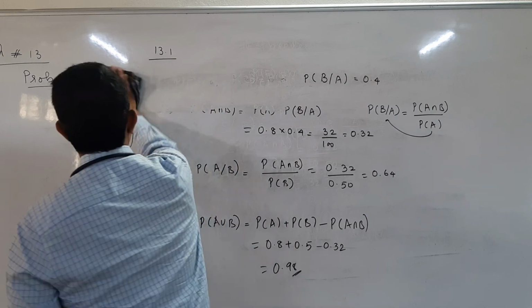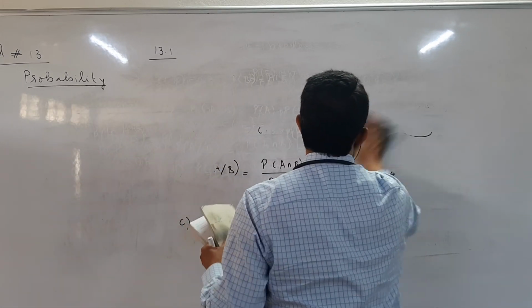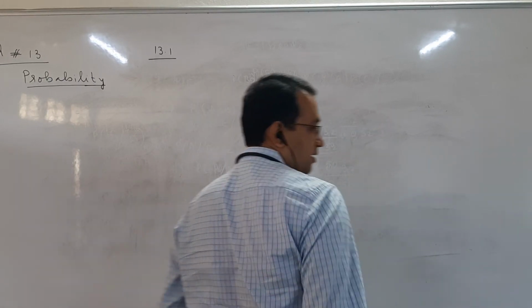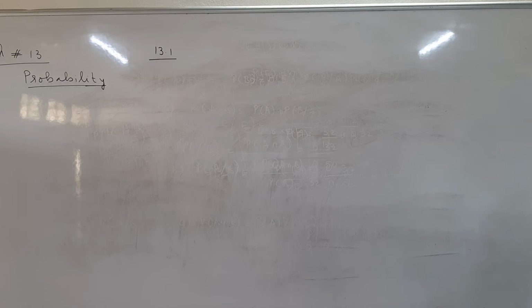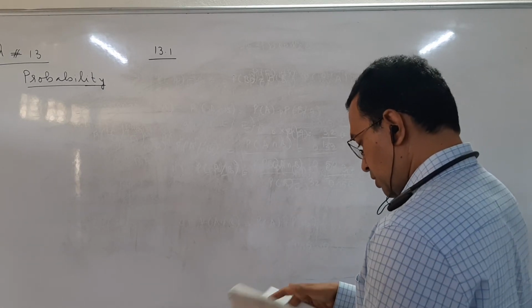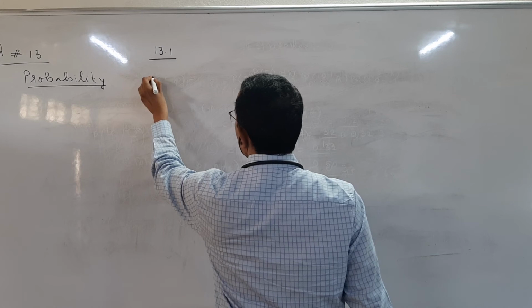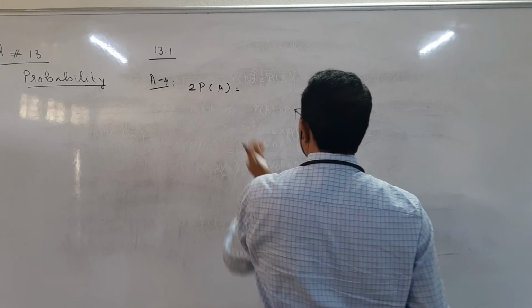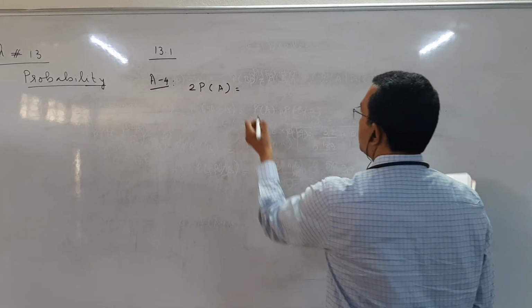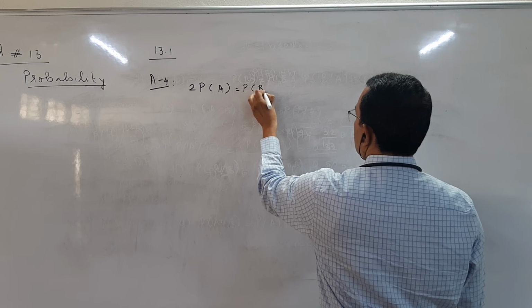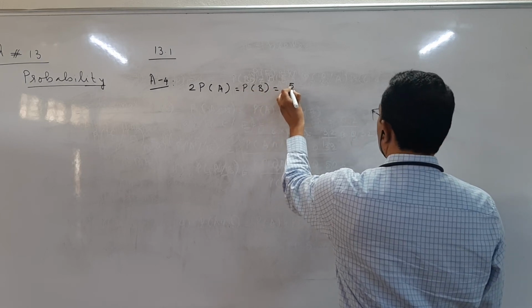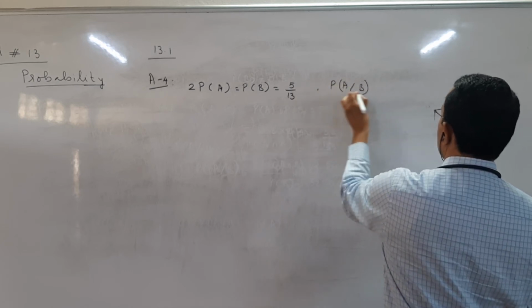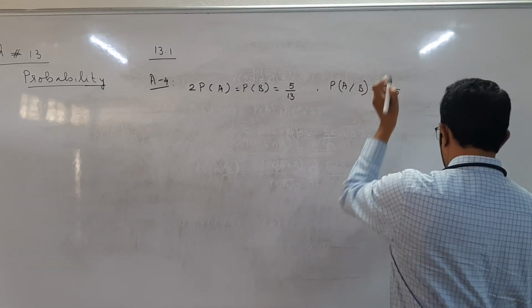Okay, now students, sum number 4. The given equation is twice P of A is equal to P of B is equal to 5 by 30, and P of A given B is 2 by 5.